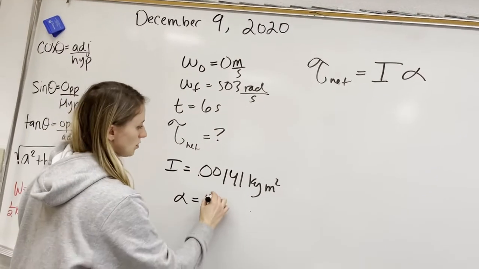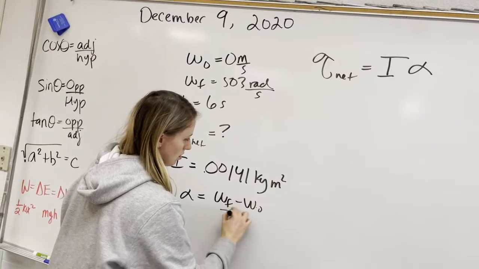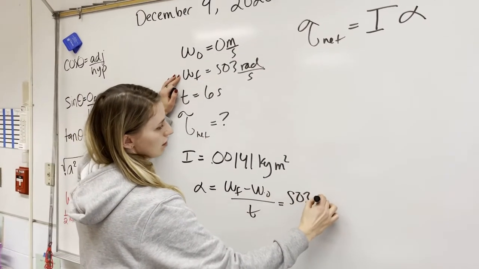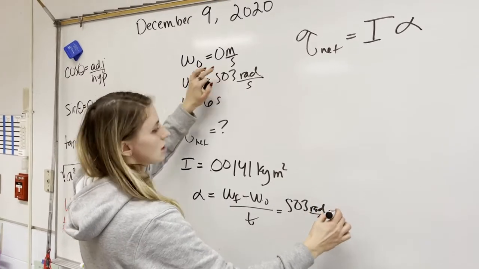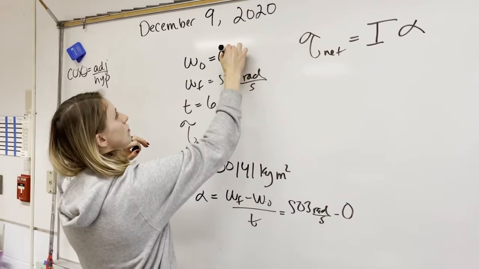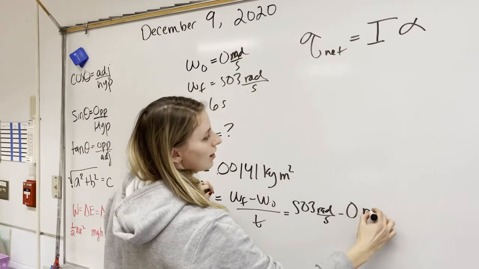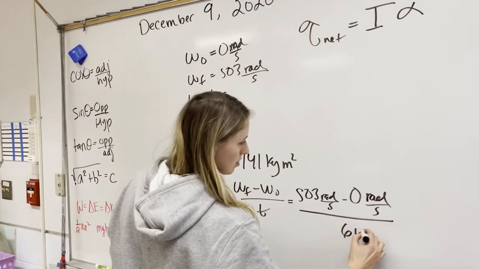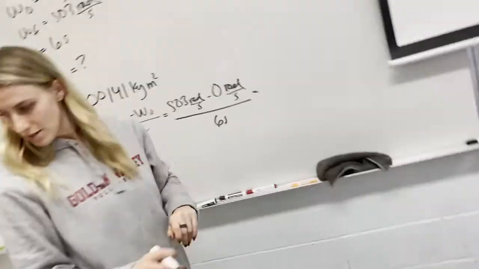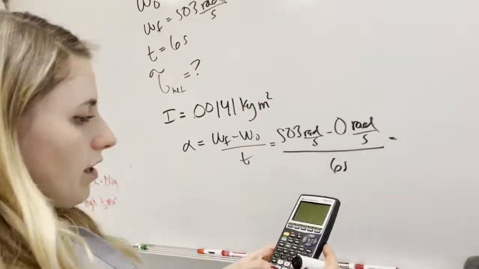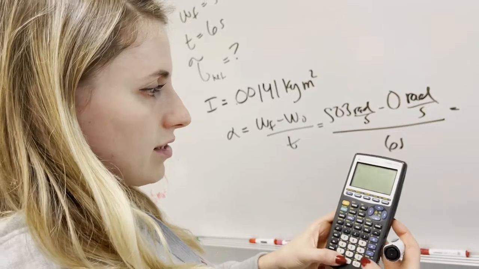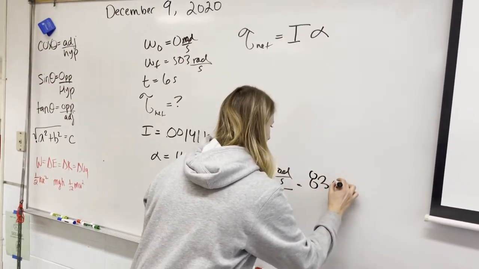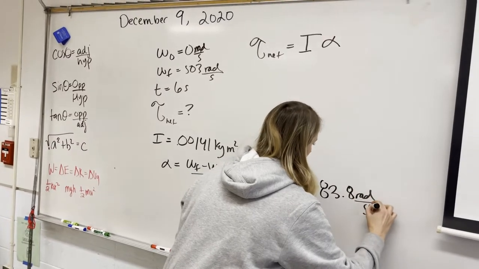Using our kinematic equations, we know that acceleration is this. Let's find that. So 503 radians per second minus 0. Oh, did I say meters? It should be radians per second, divided by 6 seconds. 503 divided by 6 is going to be 83.8 radians per second squared.